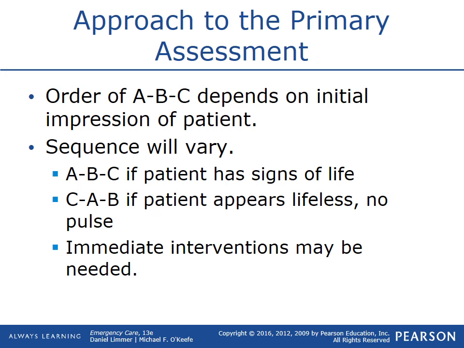But if the patient does not have a pulse, the order of assessment is CAB, and this is basically what you're learning in your CPR class. So when you take CPR, CAB is the order that you look for things and treat things, versus the person that has a pulse, it's ABC.